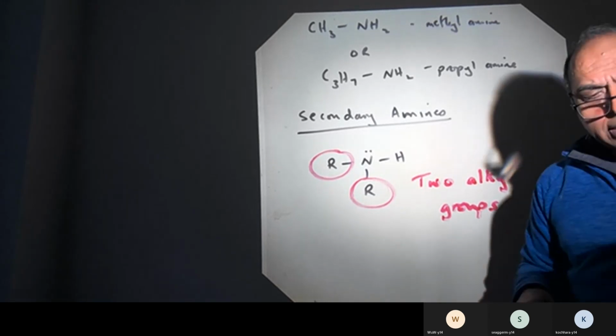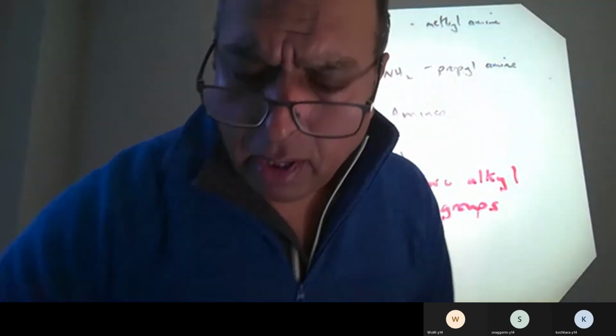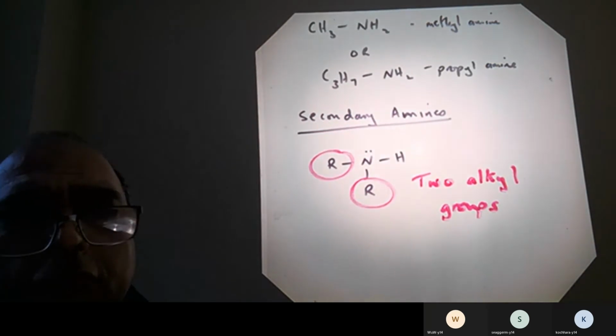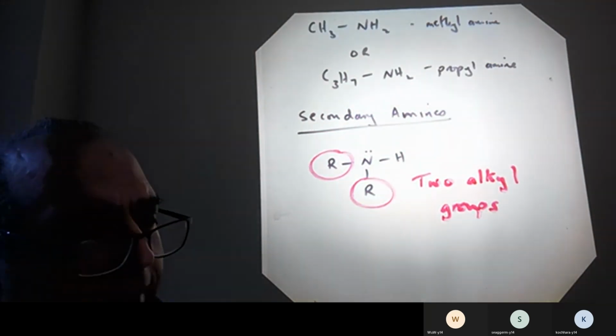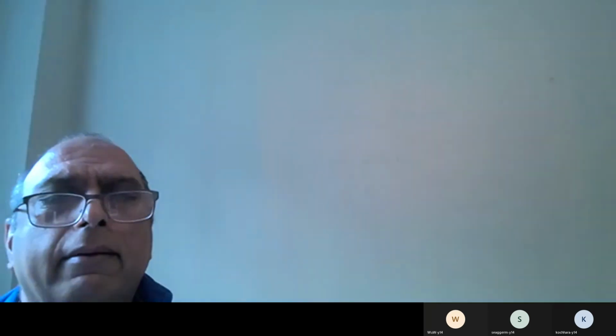Using exactly the same arguments, the pair of electrons on the nitrogen that gives it its base properties is what we have to concern ourselves with.